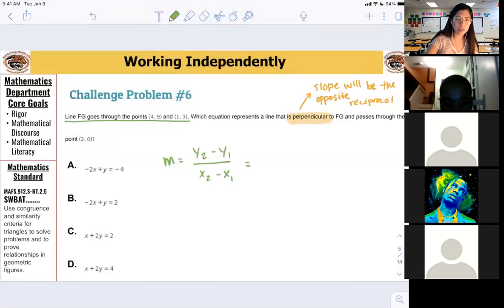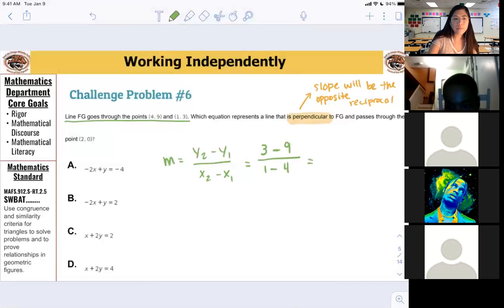What should I plug in for y2? 3. How about y1? 9. 3 minus 9, x2, 1, and x1, 4.